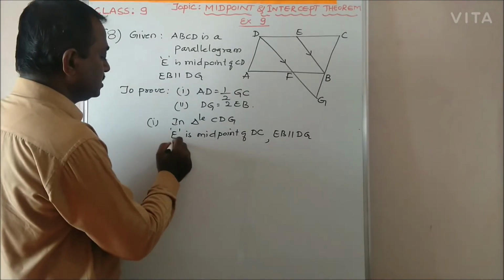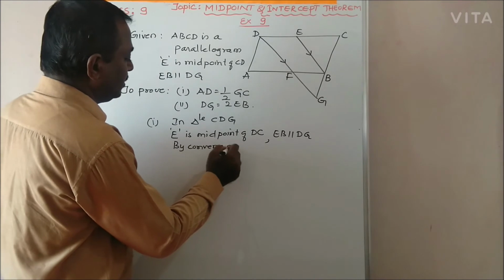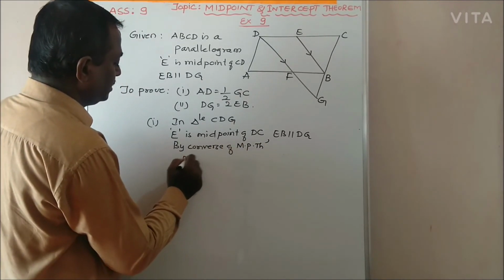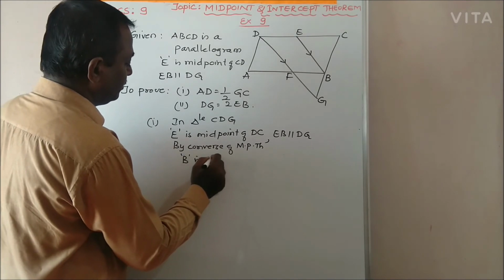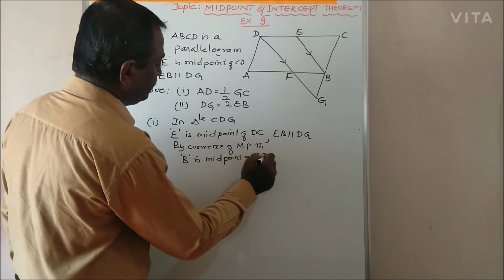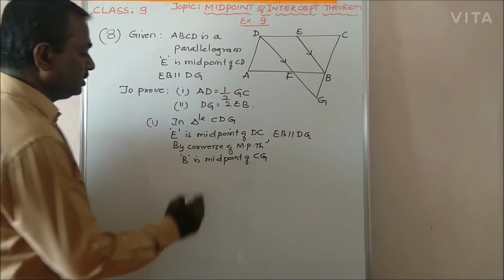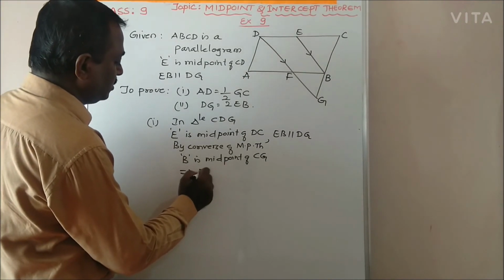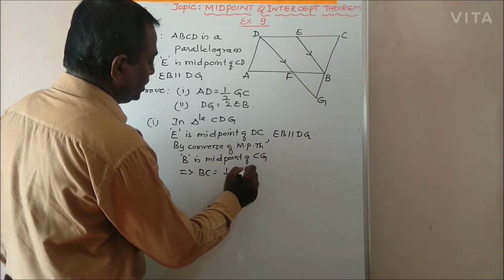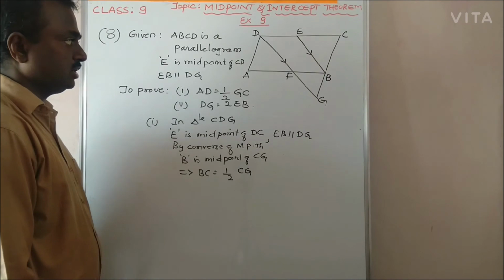By the converse of the midpoint theorem, B is the midpoint of CG. So this implies BC is equal to half of CG. Correct? BC is equal to half of CG.